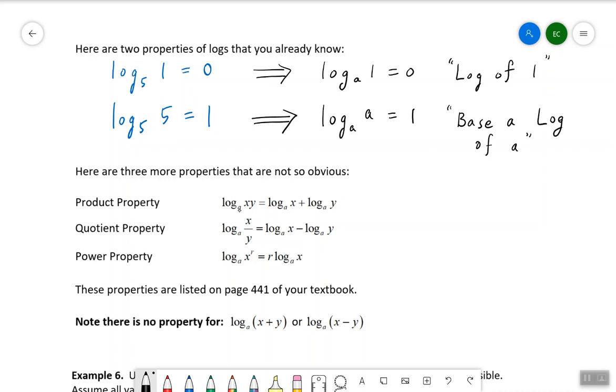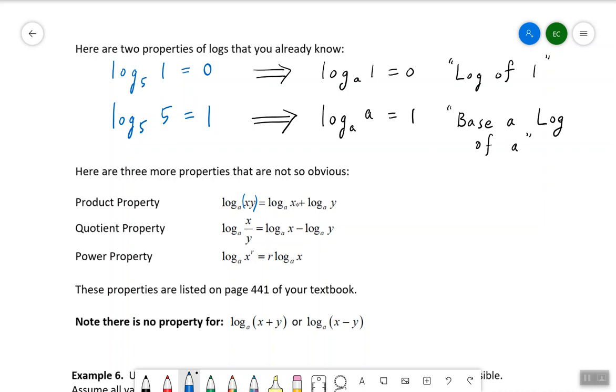It says if you have the log of the product of x times y, here it might be helpful to put parentheses around the x times y to show that we're taking the logarithm of the product there on the left side of the equal sign, and on the right side we've split it apart so that we have just the log of x and just the log of y with a plus sign in between.